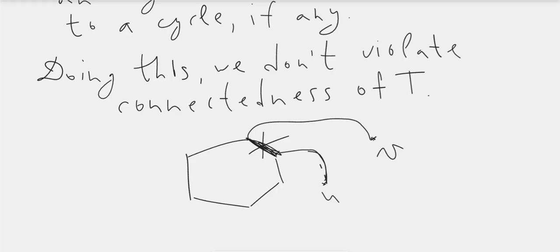Well, we can simply go around this removed edge by the edges of the cycle. So the new path would go like this, and U and V would still be connected. So the connectedness is not violated by this procedure. At all iterations, T remains connected.